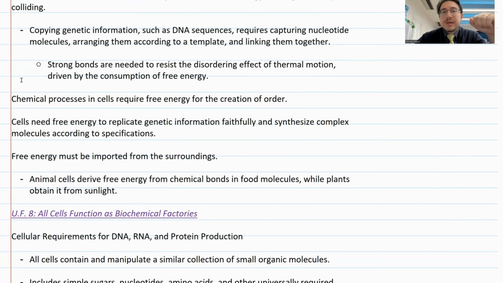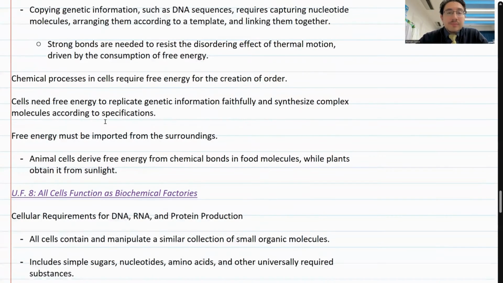So that's what the book is trying to mention, right? You need to have this molecular motion. And then once the nucleotides get bonded, you need to have enough strength to resist detaching the nucleotides, right? So you need to have strong bonds to resist that disordering effect of thermal motion. You need to be able to overcome that random motion of the molecules.